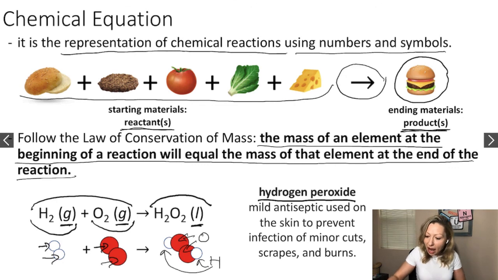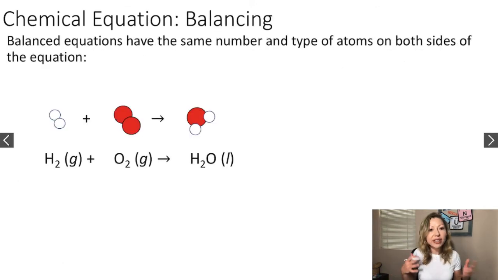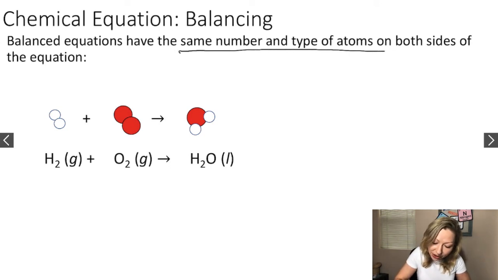Okay, now what happens when I don't have the same number of atoms? In that case, my reaction is called an unbalanced reaction. So how do I balance my reaction? Well, I simply have to have the same number and type of atoms on both sides of the equation.